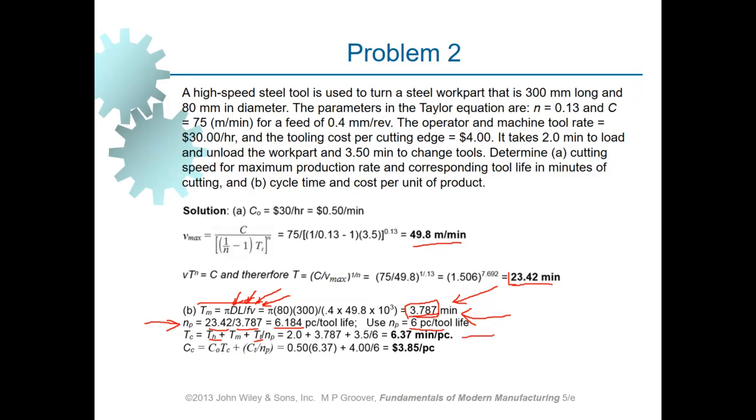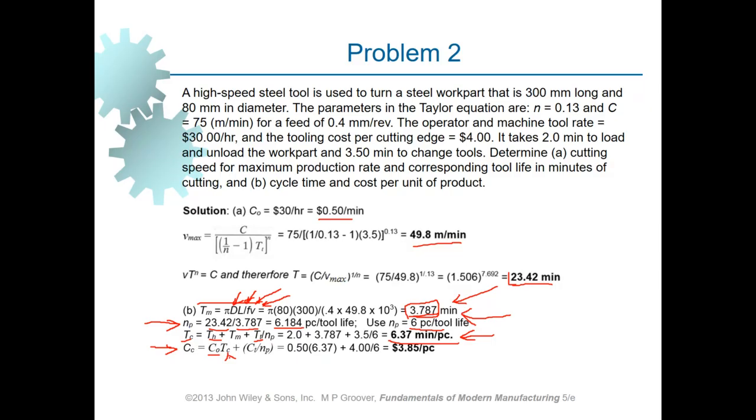We compute the value of cycle time, which is this much. And then we move on to the next part of the problem, cycle cost. For cycle cost, or the cost of producing one unit of the product, we need to pay the worker or machinist to machine the part, which the rate is already given. We converted the rate from dollars per hour to dollar per minute. So the dollar per minute figure sits down here, times cycle time. Cycle time is just computed.